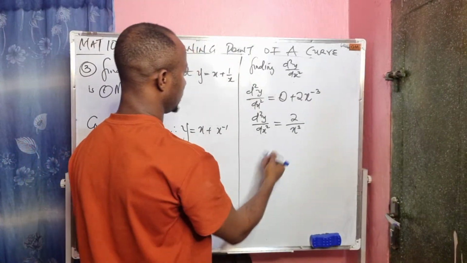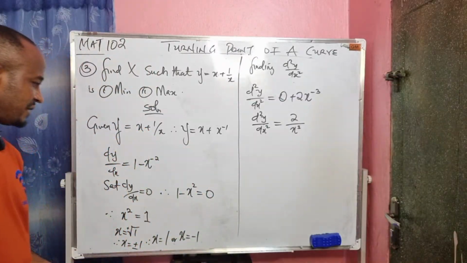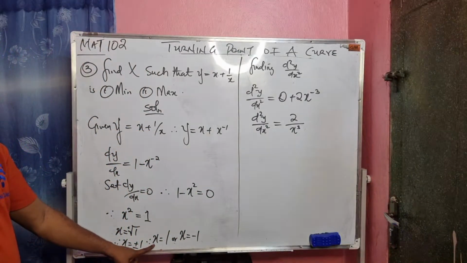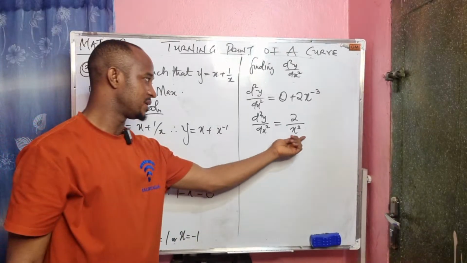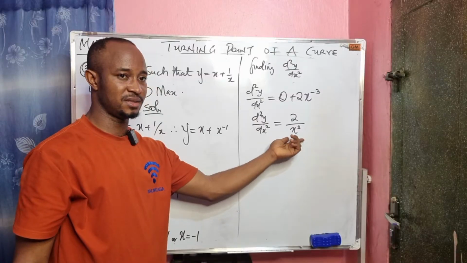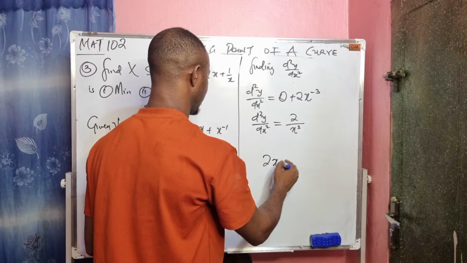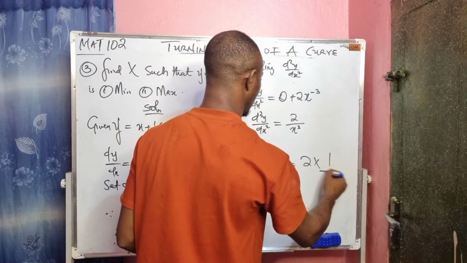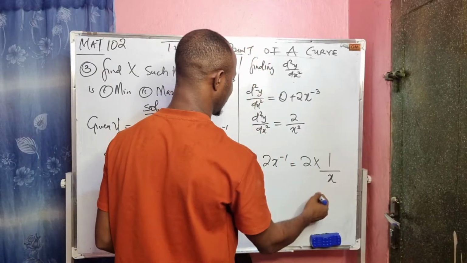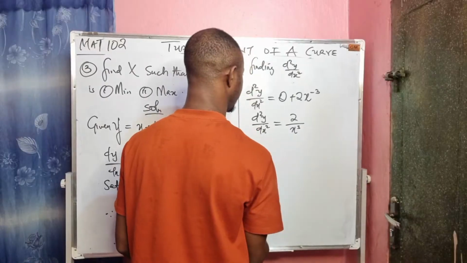All right, so let's check this out. But recall that we have two values of x. The first value of x is 1. I hope we all know how we got this. This is also law of indices. If I have 2x to the power of minus 1, this is like saying 2 times 1 over x, right? 2 times 1 is 2 over x.